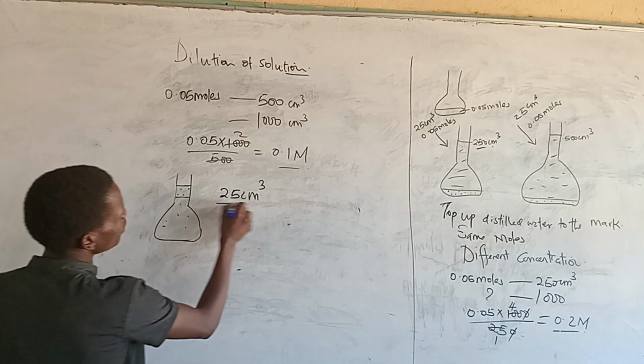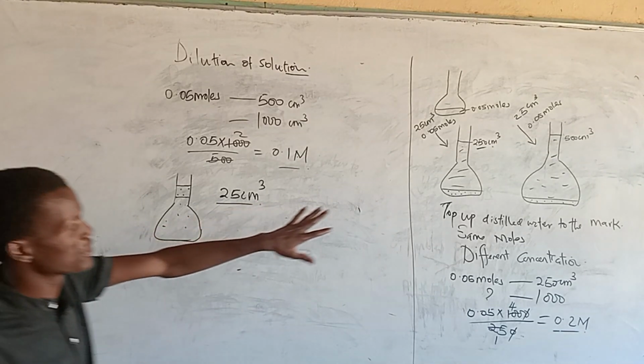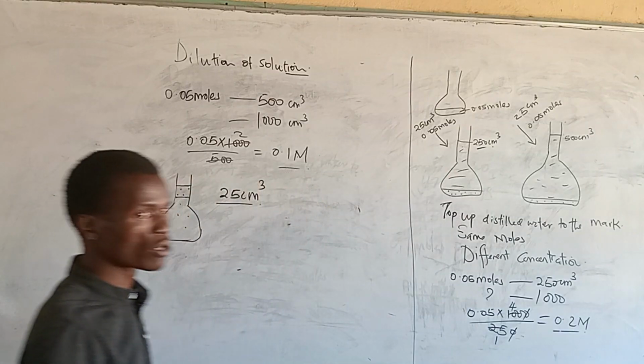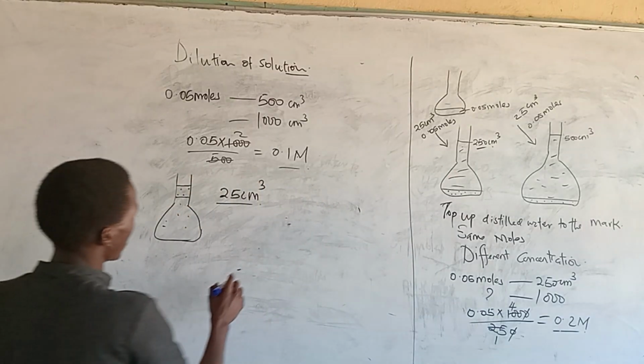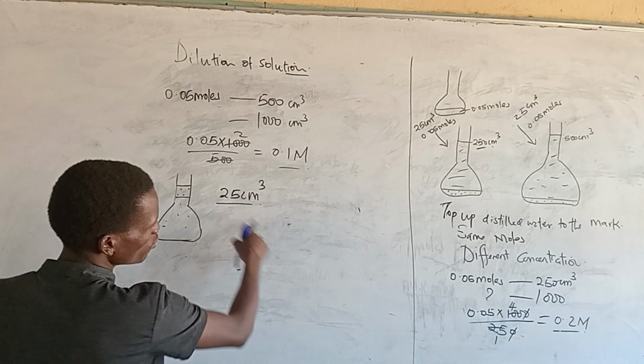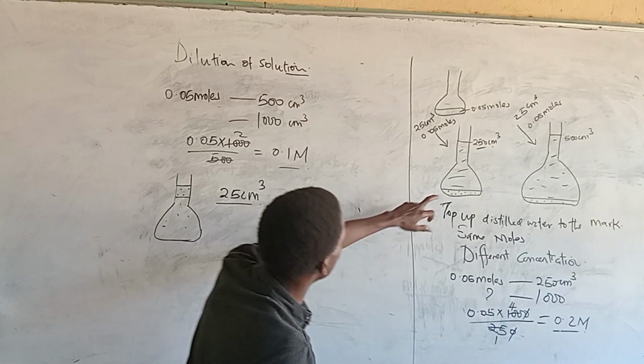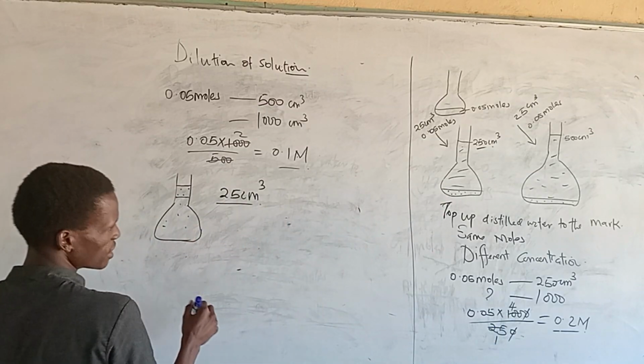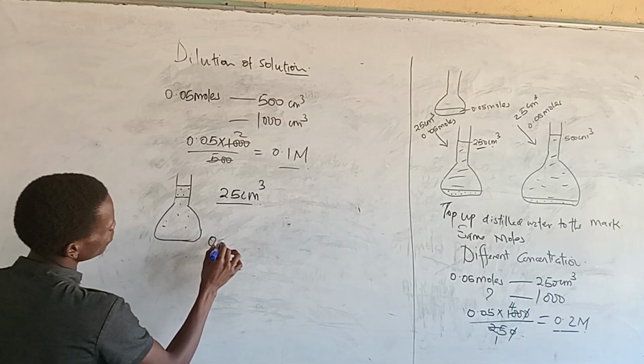Now, when you pick 25 centimeter cube from this solution, how many moles are you going to pick from there? Concentration is the key that is going to direct us.